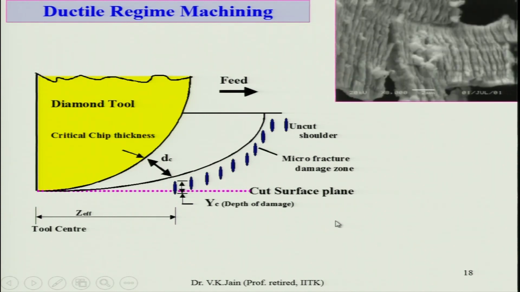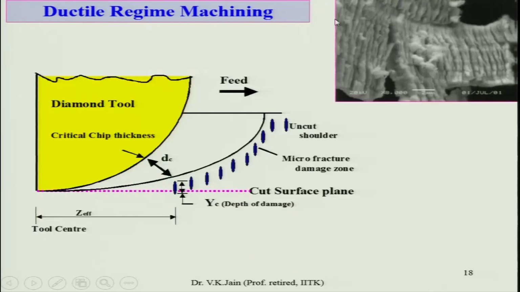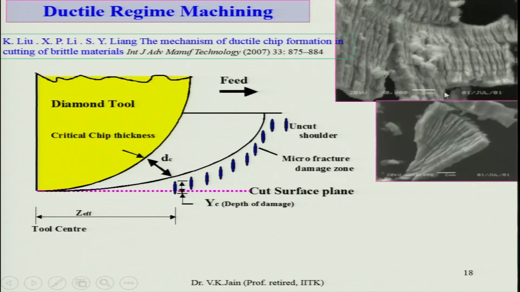Now, see it carefully: the brittle material is being removed, as I told you, in analogy to cutting or forming playing cards. These are the kinds of chips obtained, which are very similar to ductile material machining rather than brittle material machining. You can see a smaller part, again just like playing cards moving over one another.